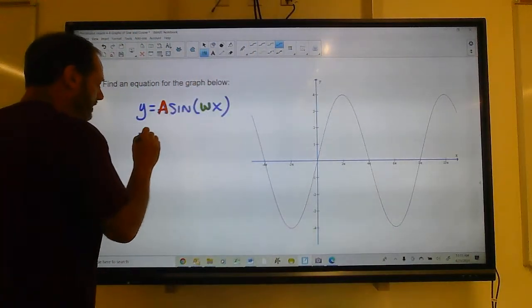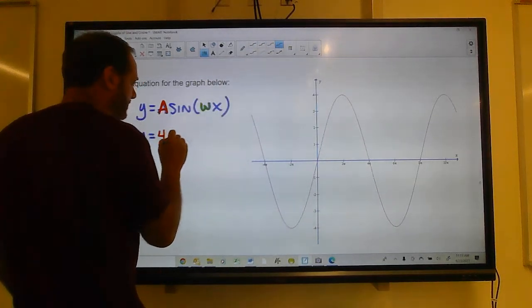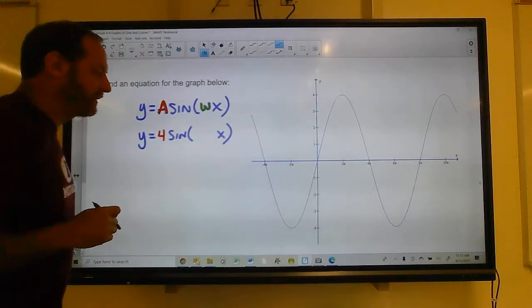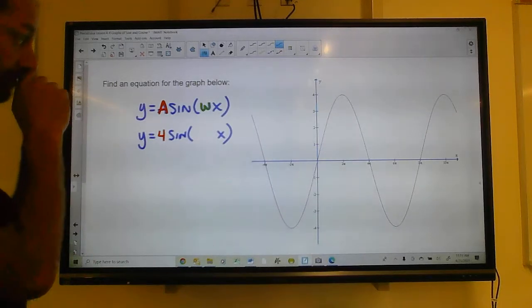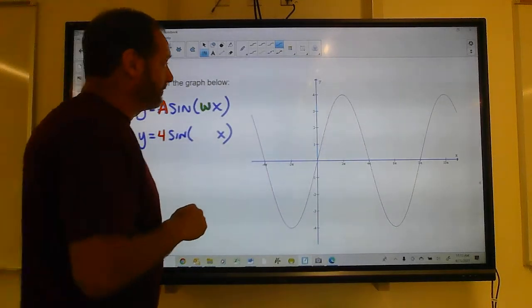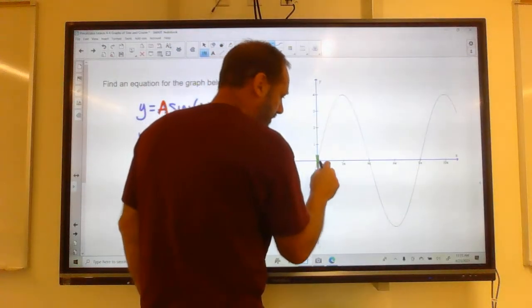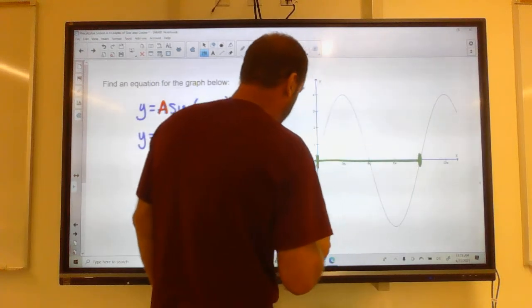So y is going to be 4 sine something x. So we've got to figure out what the something is. Now here's the period. So we're going to look here at the period. The period goes from here to here. That's 8 pi on this graph.